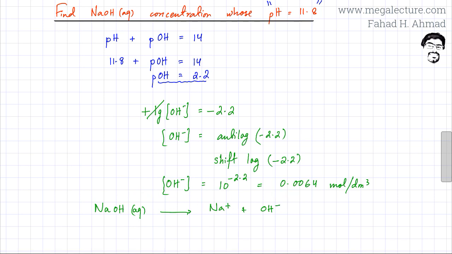If the concentration of OH ions is coming out to be 0.0064 mole per decimeter cube, then the concentration of NaOH would be exactly the same because it's a strong alkali, it fully ionizes. So it's going to be 0.0064 mole per decimeter cube as well. So this is your answer. The concentration of NaOH aqueous would be 0.0064 mole per decimeter cube.